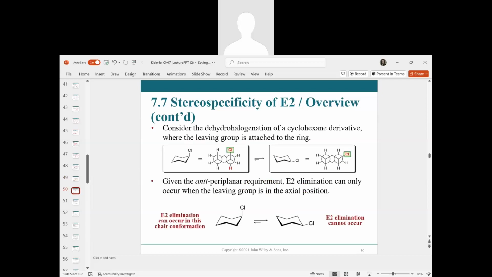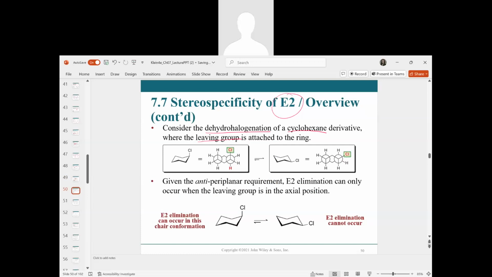So let's look again at stereospecificity of these E2 reactions, and let's consider, again, the dehydrohalogenation of a compound. This time it's a cyclohexane derivative, rather. And we see this leaving group is attached to a ring, of course, since it's on a cyclohexane derivative.